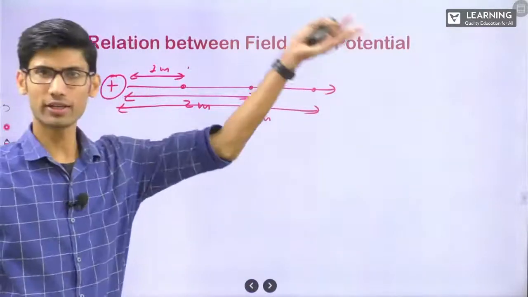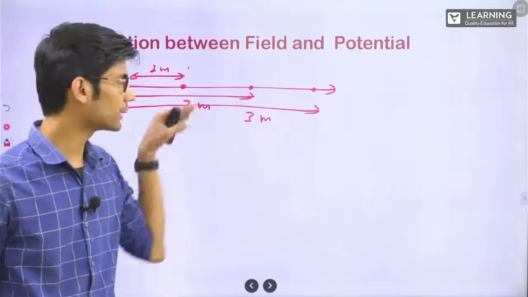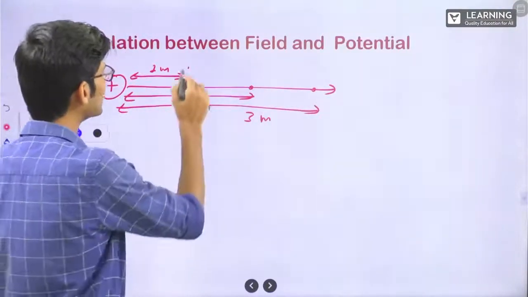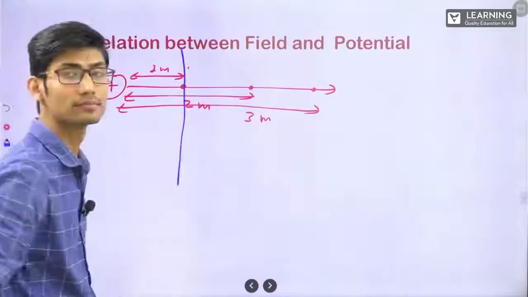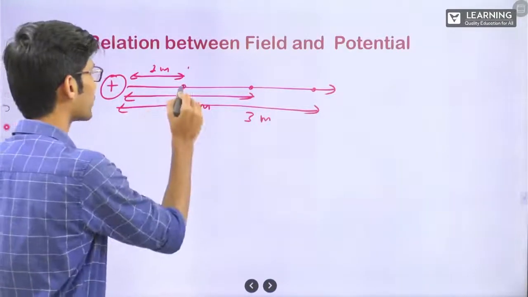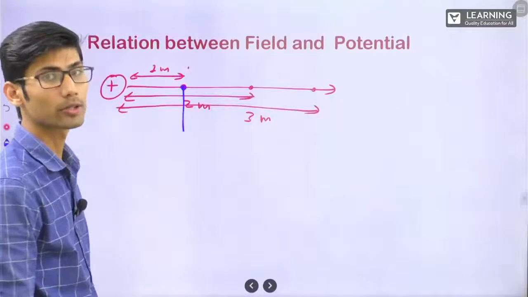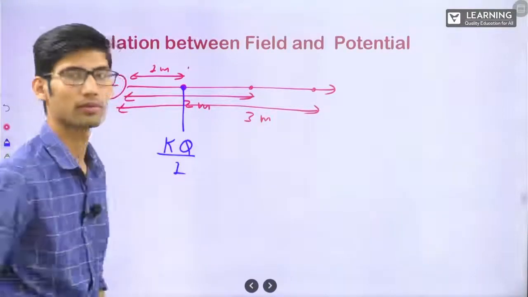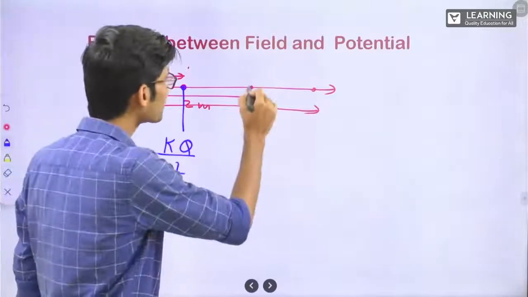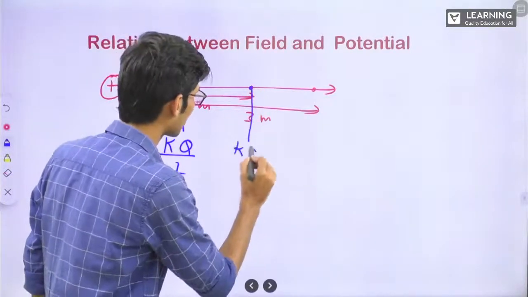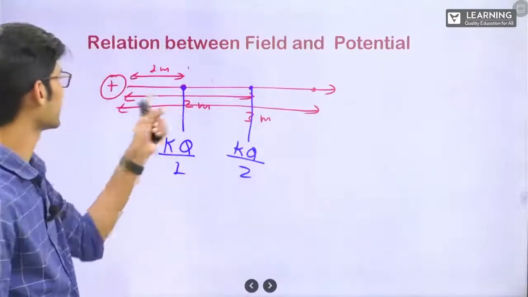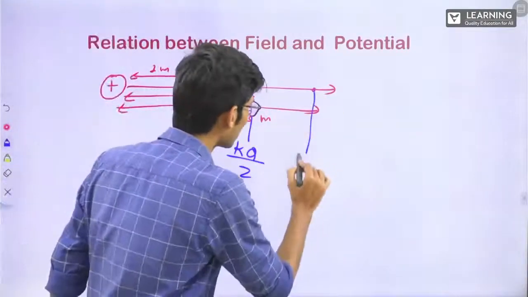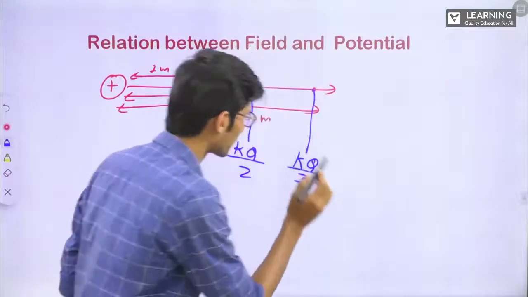For a positive charge, the electric field line will be going outwards, in this direction. Now, can you tell me the potential at this point? What will be the potential? KQ by 1. Correct? Potential at this point? KQ by 2. Right? The distance between the charge and this point is 2 meters. At this point, KQ by 3.